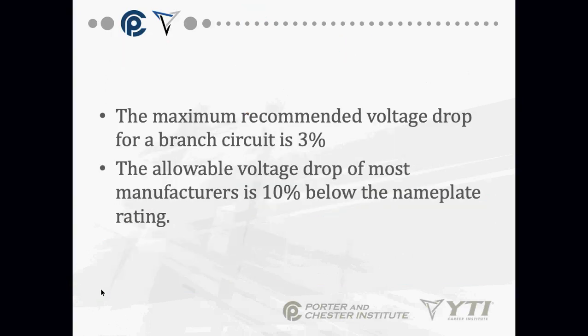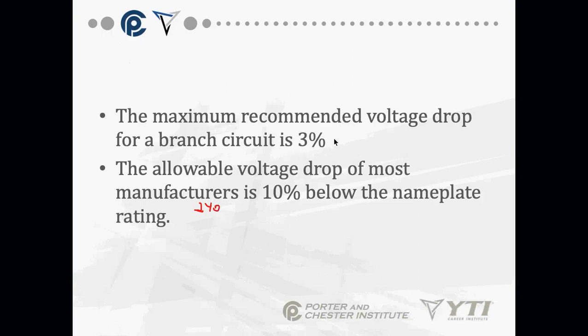Maximum recommended voltage drop for a branch circuit is 3%. The allowable voltage drop of most manufacturers is 10% below the nameplate rating. So in other words, if my nameplate rating is 240 volts, a lot of manufacturers will allow me to drop 24 volts under that.